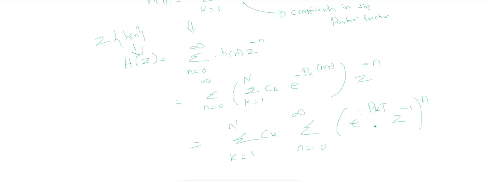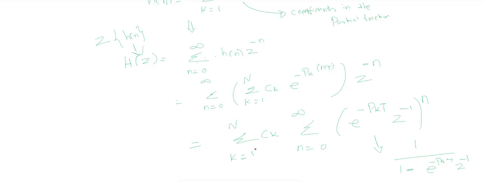So this inner term converges to 1 divided by 1 minus e power minus pk T into z power minus 1.